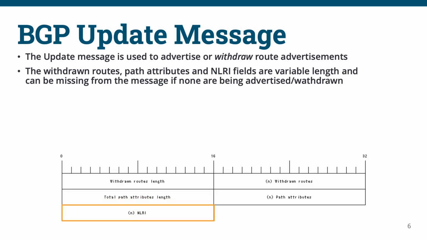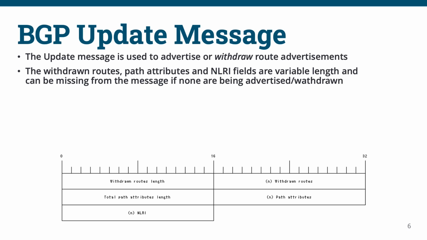Finally, the last field is also variable length and includes the NLRIs for the routes which share the path attributes described in the previous field. A length field for the NLRIs is not needed since the BGP message header includes a length field that describes the total length of the message, and this is the last field of the message.